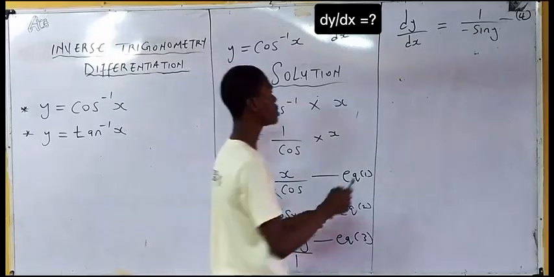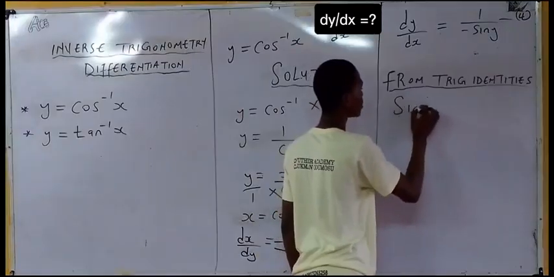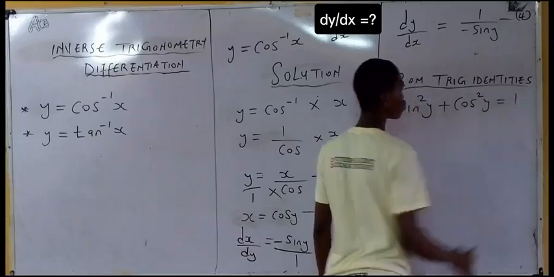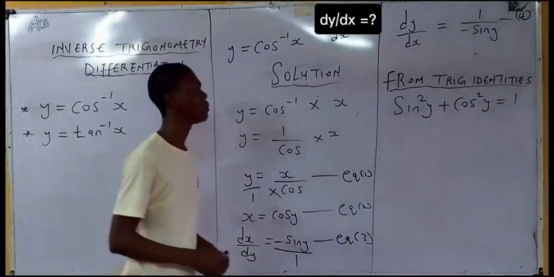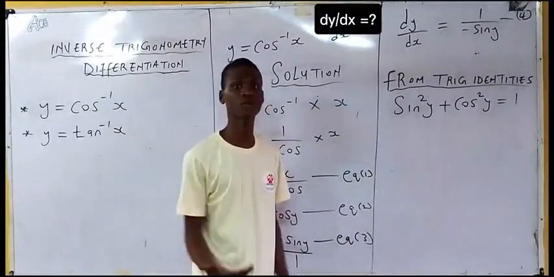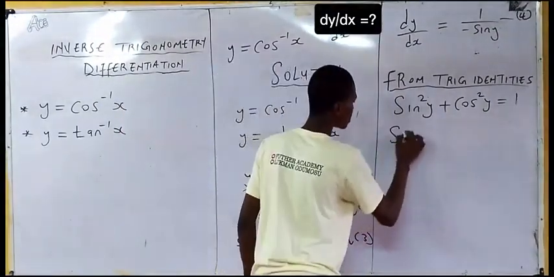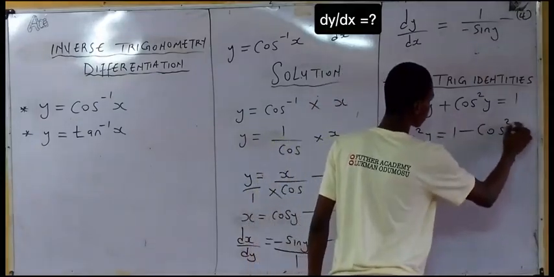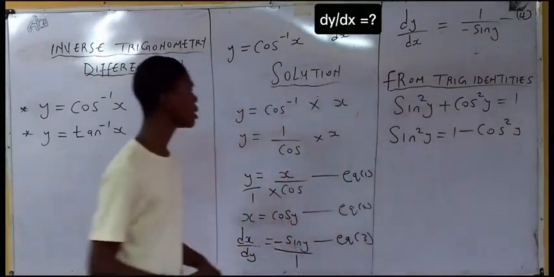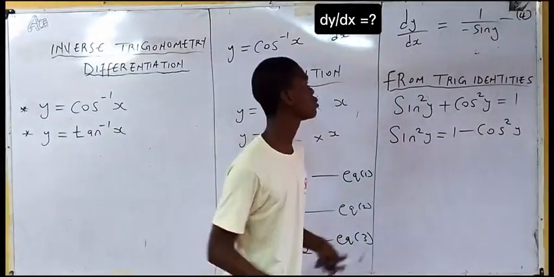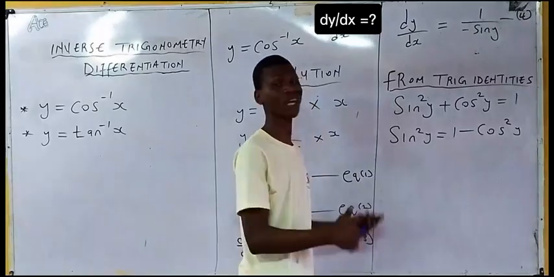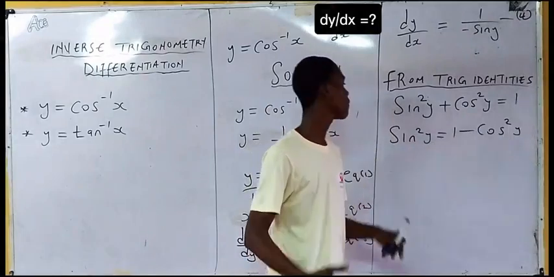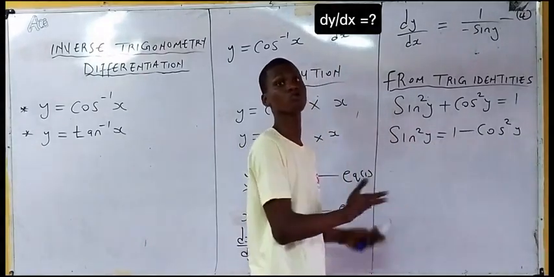For the first one, by trig identity, we know that sine square y plus cos square y is equal to 1, right? From here, make sine square y the subject of the formula. Then sine square y is equal to 1 minus cos square y. Your interest is to evaluate sine y and not sine square y. So take the square root of both sides.